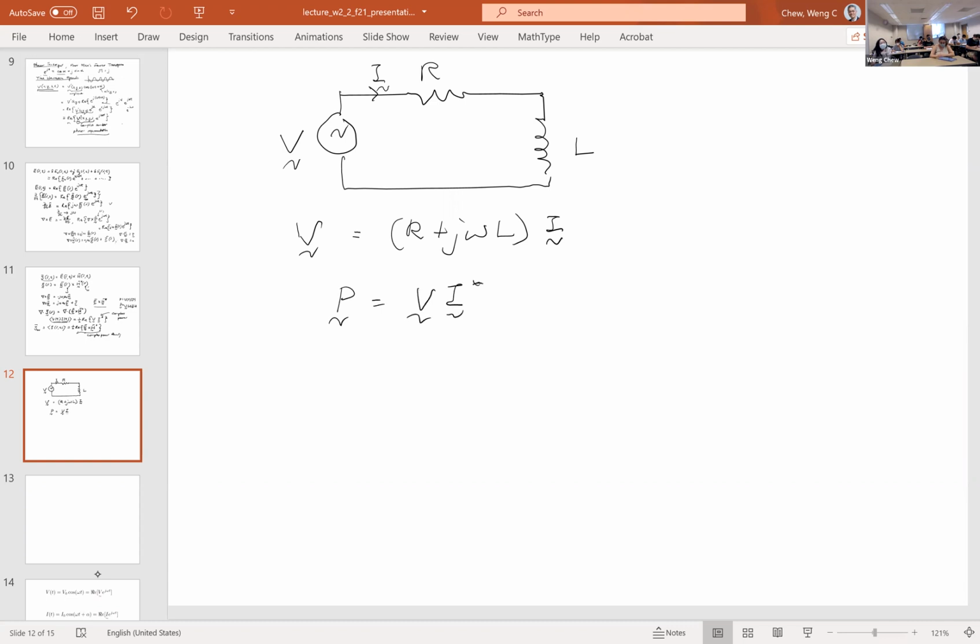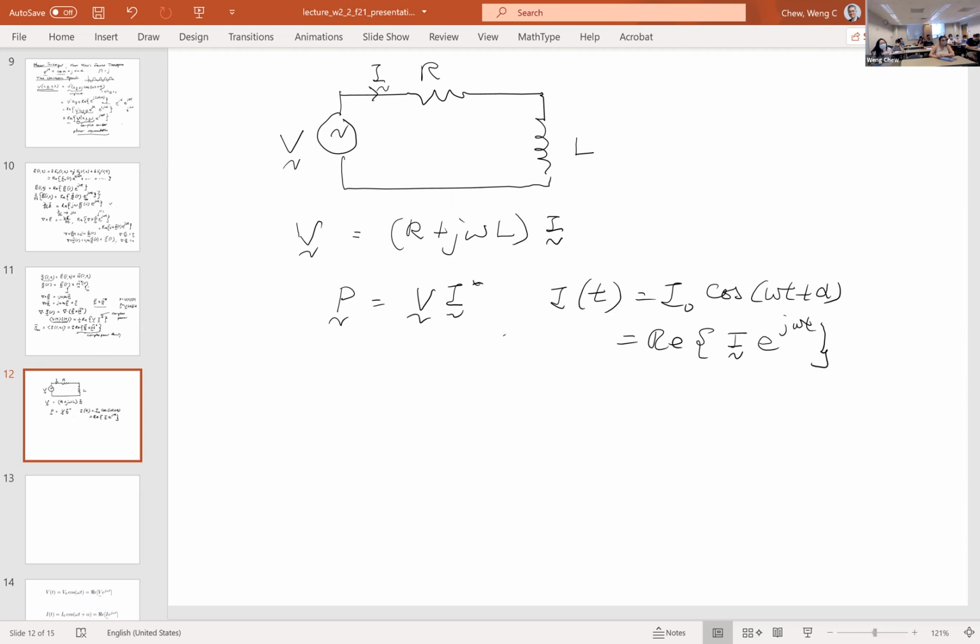So when V and I are not in phase, if you look at the complex power, and if I go through the detail of this thing, I can write, say, my instantaneous current as being not in phase with the voltage. I can write this as the real part of a complex current times e to the j omega t.